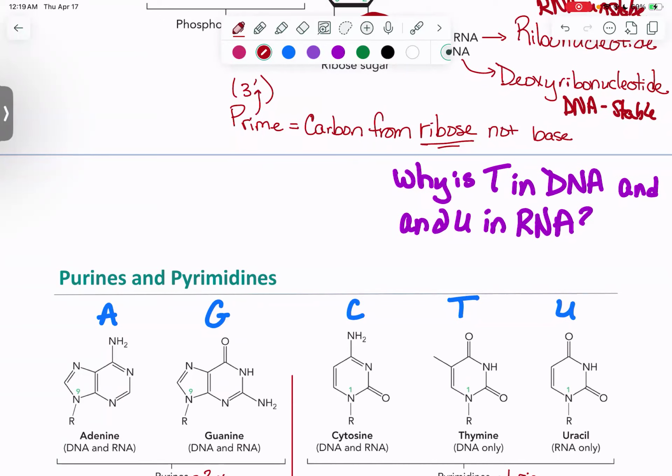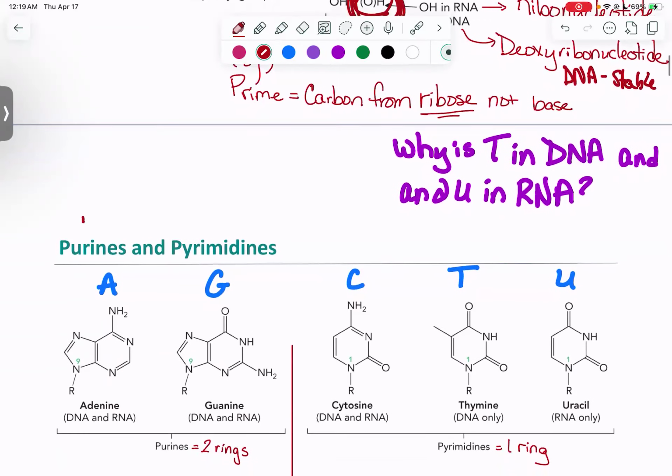So I have T in DNA, U in RNA. The reason that we have those different bases is that it protects the cell against DNA mutations. We know that cytosine can spontaneously deaminate to uracil. Spontaneous, happens without any input.